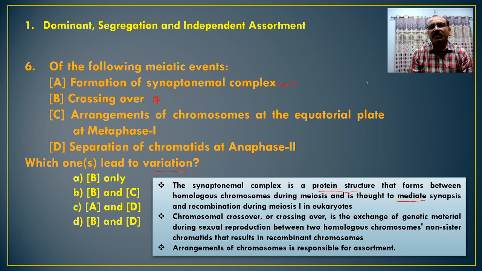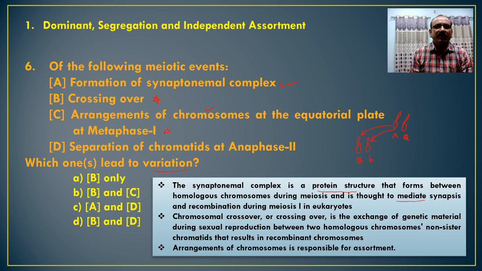For example, one chromosome is A, paired with another chromosome, small a, and another pair is capital B and small b. This assortment determines whether A combines with capital B or with small b. It indicates that this arrangement of the chromosomes in metaphase 1 is also responsible for variation in the organisms.